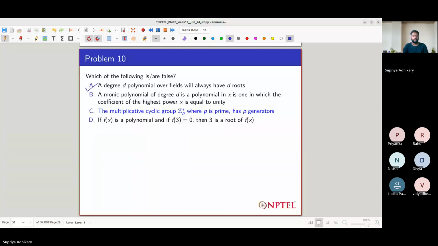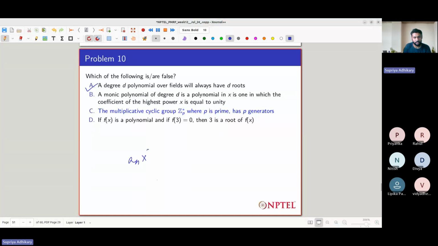Okay. The second statement is that a monic polynomial of degree d is a polynomial in x in which the coefficient of the highest power of x is equal to unity. So this is the definition of monic polynomials.